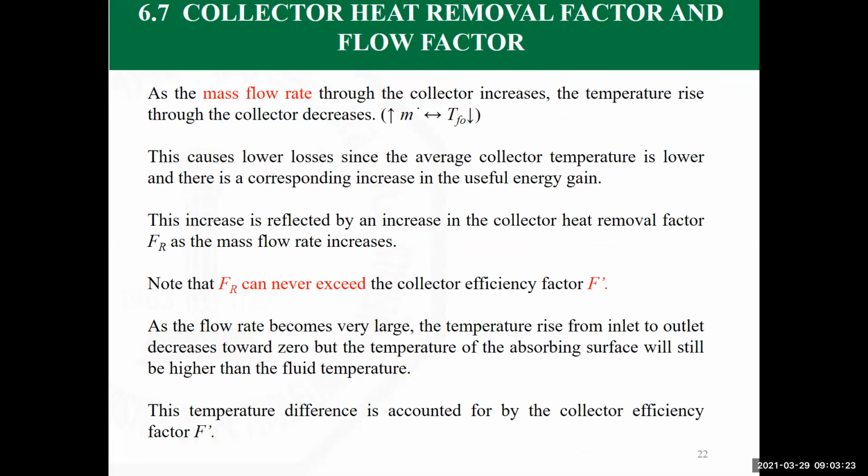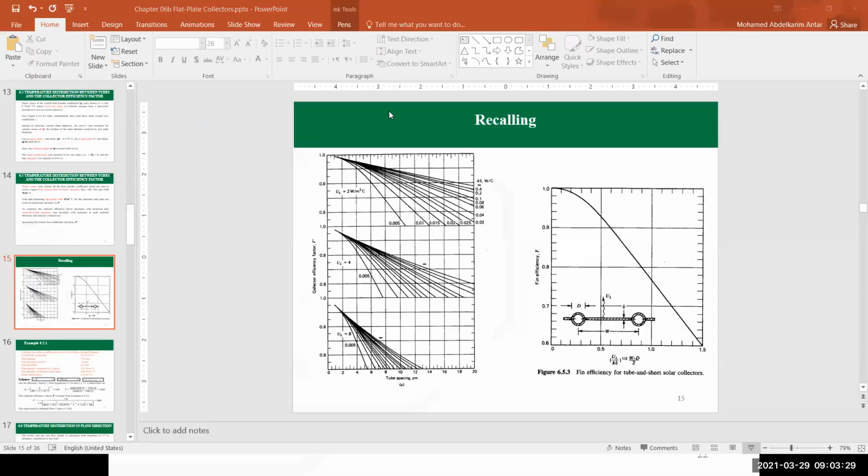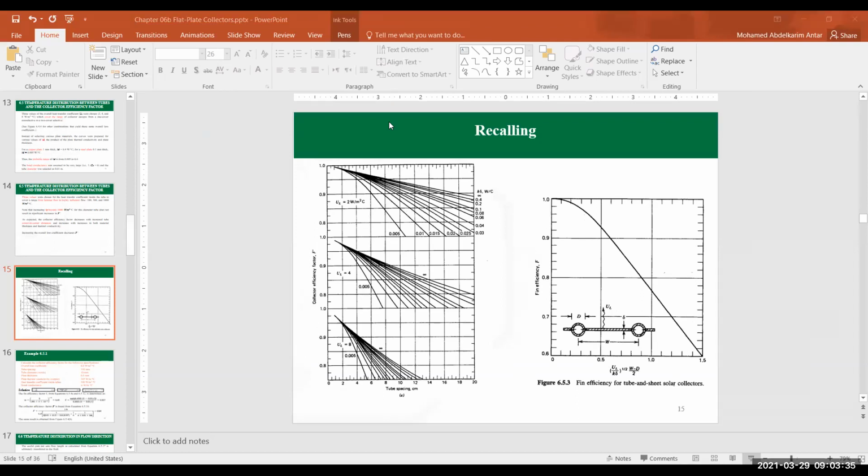Q is m dot into Cp into delta T. If I know the value of Q as a constant, which is the heat gain coming to the collector at a certain time, and considering Cp is constant, then the higher the m dot, the lower the delta T, to keep Q constant. Accordingly, if you have more flow rate, the outlet temperature is going to be less. If you have a smaller flow rate, the outlet temperature is going to be high.